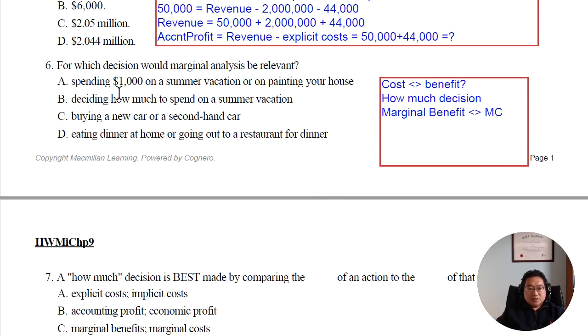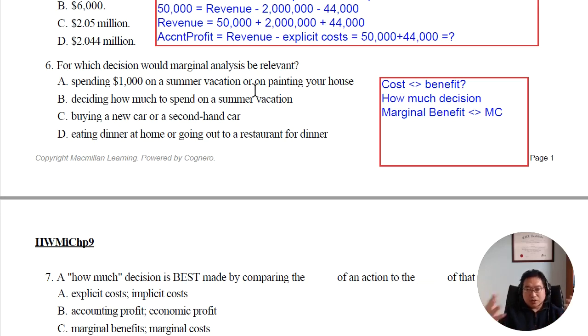A. Spending $1,000 on a summer vacation or on painting your house. So there are two decisions. Either a summer vacation costs a fixed amount of dollars, or painting your house also costs the same amount of dollars. But the question is, right, which activity, going on a vacation or painting your house, brings in higher benefit?